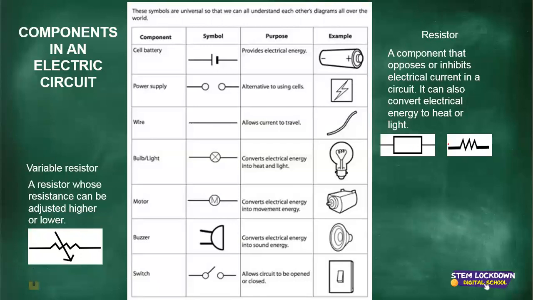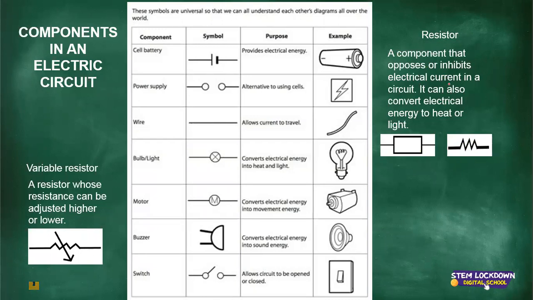So a resistor can either look like the one that I'm pointing my laser on, or this one that I showed you initially before. Most of the time we use the second picture that I have my laser on. The purpose of a resistor is that it opposes or inhibits electrical energy.